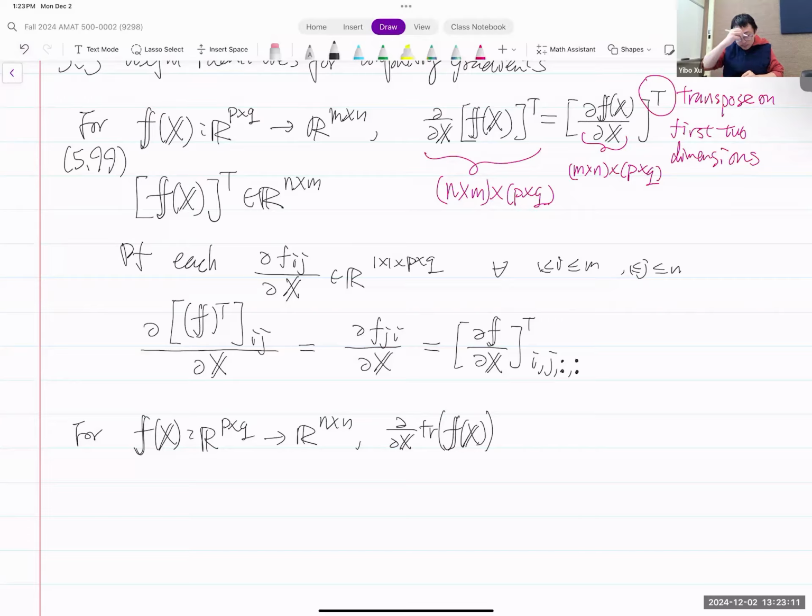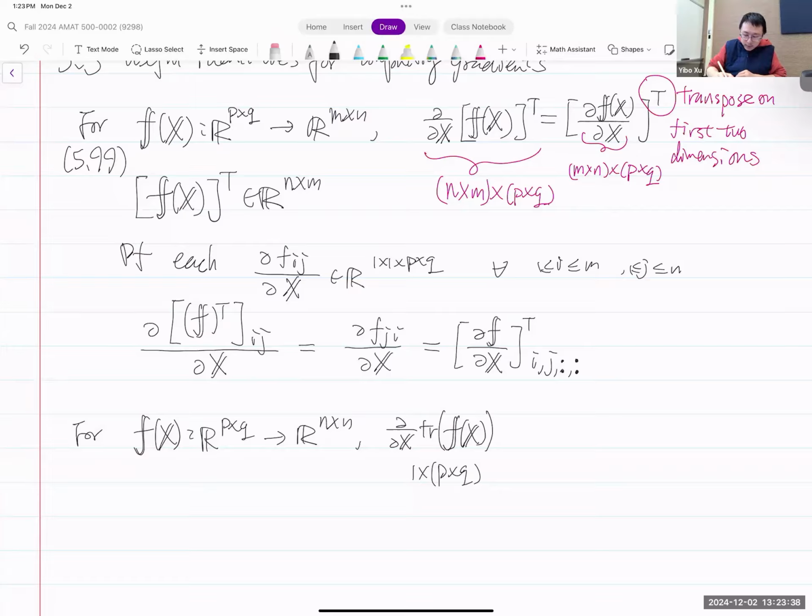Once again, f of x is a square matrix, so the trace is just taking the diagonal entries. But this is a scalar function. So here is the Jacobian: one is the dimension of your output, and x is p by q, so you have a p by q matrix.